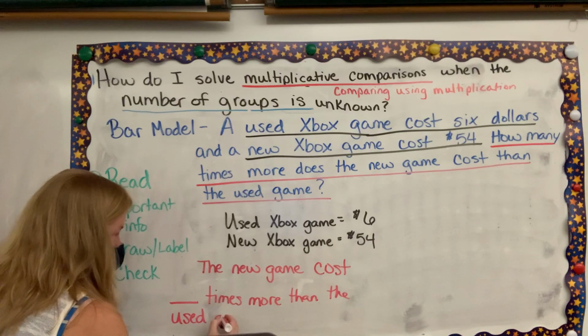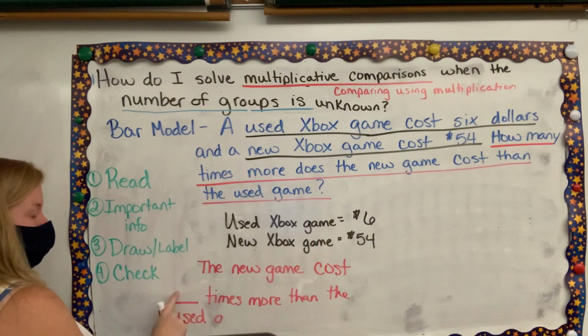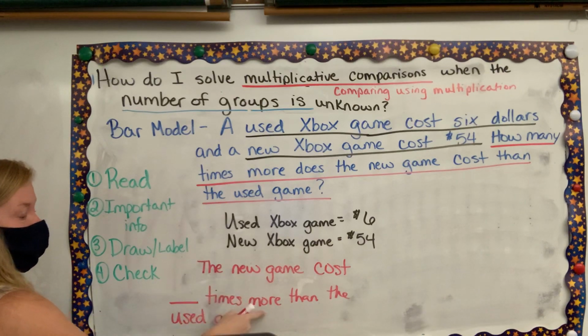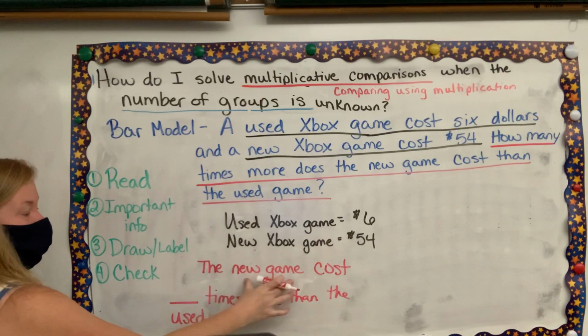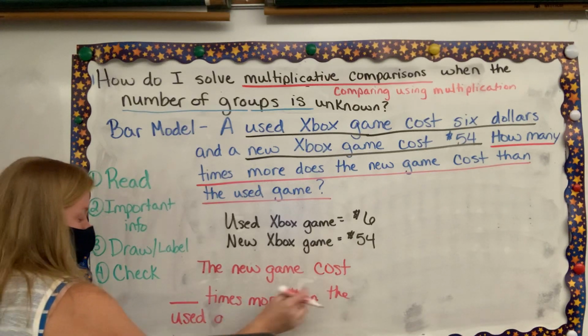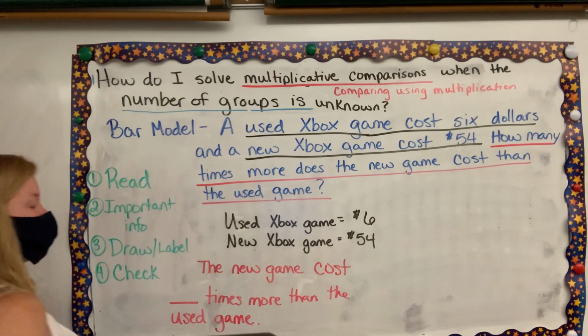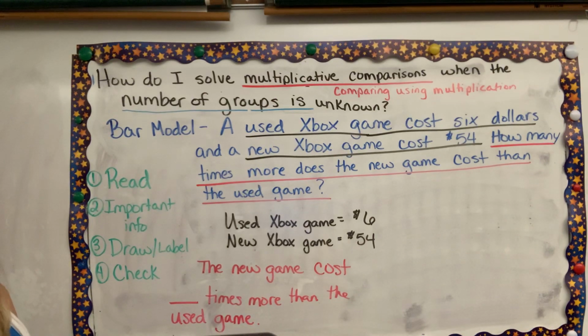Than the new game. Oh, wait. The new game cost blank times more because the new one is more, so it has to be this part first because we said blank times more than the used game, period. Okay? As long as you know what you're looking for, it's a lot easier.